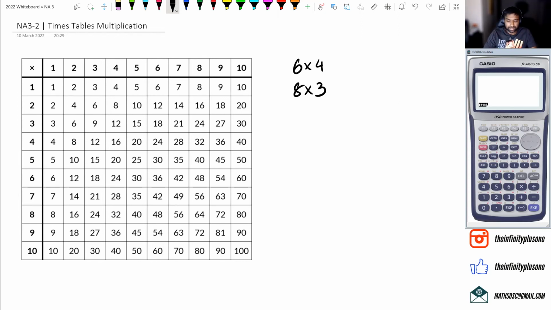Later on, you're going to end up with 12 times 2 and 24 times 1. But for this particular table here, just focus on this table. It's really important that you can remember the times tables off the top of your head.